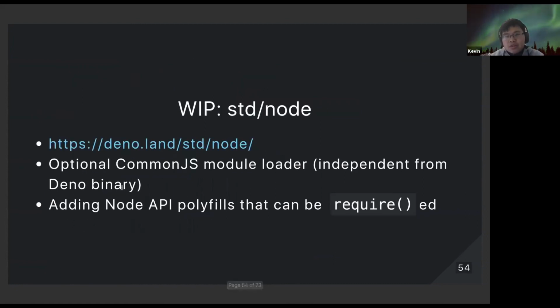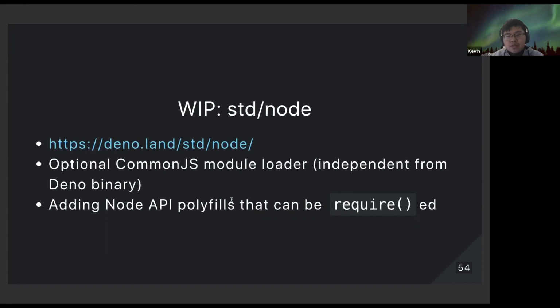Our solution to this is something called std/node, which provides an optional CommonJS module loader. It's not built into Deno itself, but you can import it, and then you're able to require some of the Node built-in modules, those polyfills, using the require that it created.